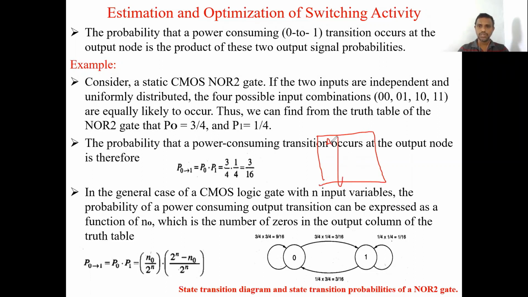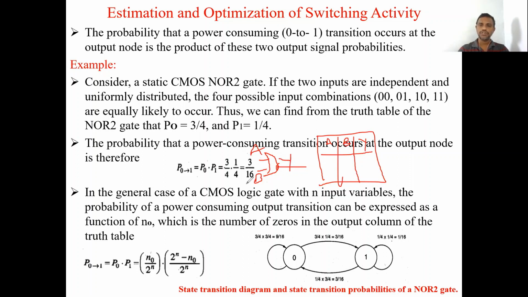Suppose it is a two input gate, where A and B are the inputs and Y is the output of the NOR gate.